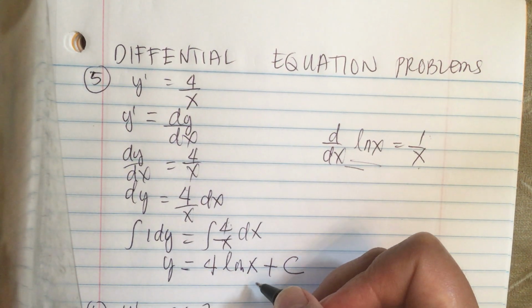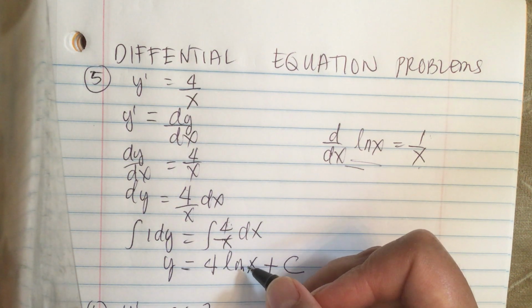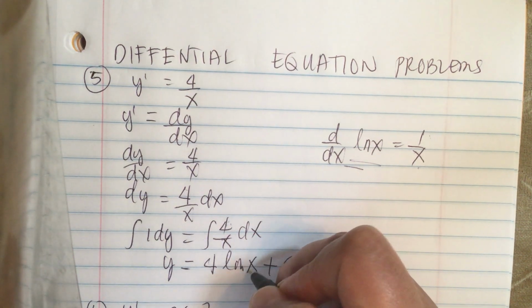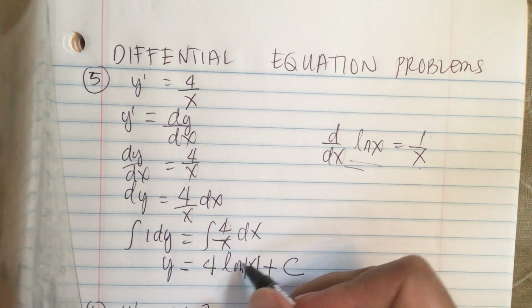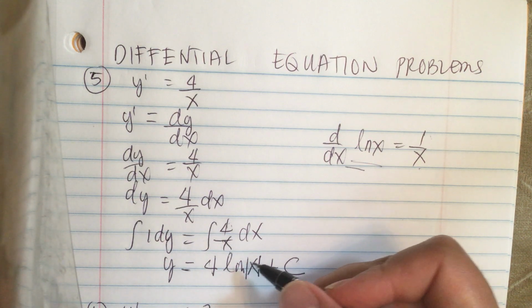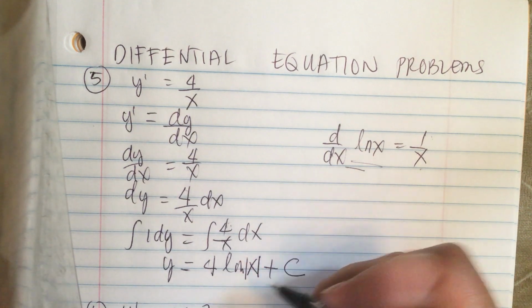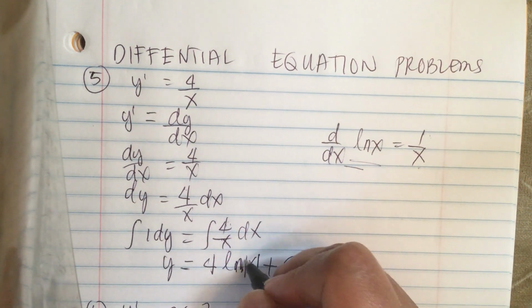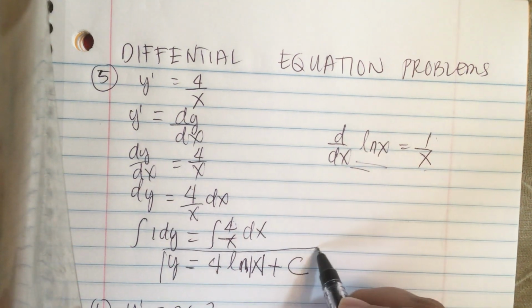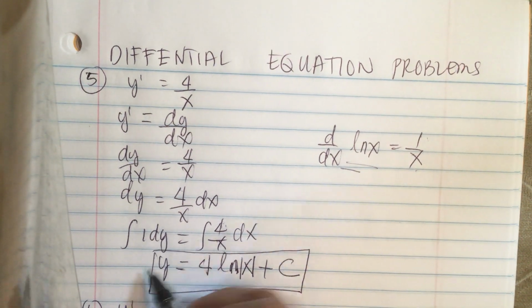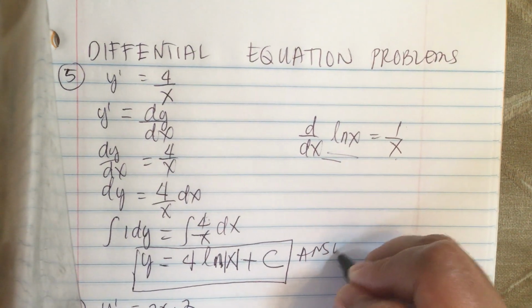Now we cannot take logs of negative numbers, so we have to put an absolute value on the x. Because there's no log of negative numbers, so ln of the absolute value of x. They don't exist, so we have to put in the absolute value.